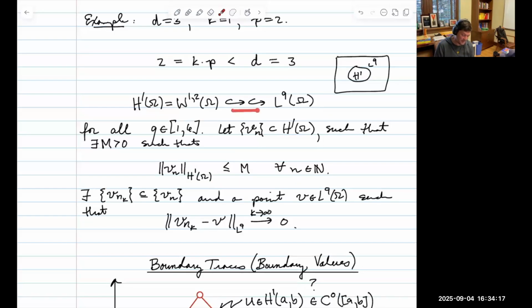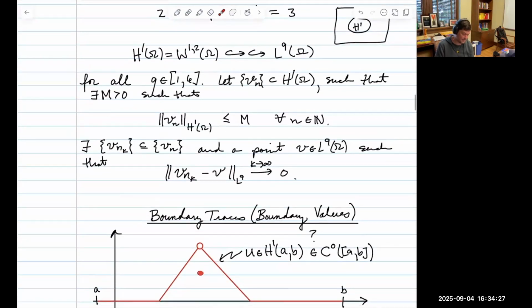So what does it mean to be compactly embedded? It means that we're continuously embedded, plus we have this extra little subsequence bit. The extra bit is this: there exists a subsequence of the original sequence and a point V in LQ such that the subsequence converges to the point V. In other words, in the LQ norm, the norm of the subsequence minus the limit point converges to 0 as k goes to infinity.